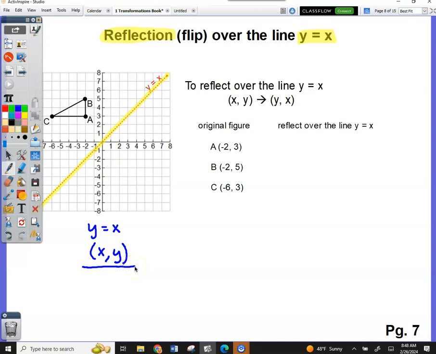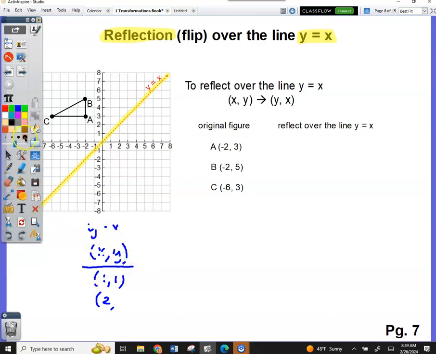So for instance, if x is 1, y is 1. If x is 2, y is 2. So you'll notice that it's like a stair step. You've got 1, 1, 2, 2, 3, 3, 4, 4, 5, 5, and then it goes in reverse to the negatives. Negative 5, negative 5. So it's like a stair step, but it runs in a positive direction, okay?